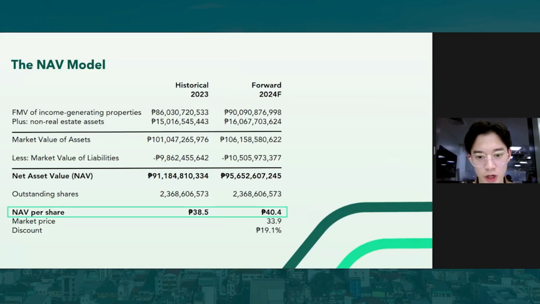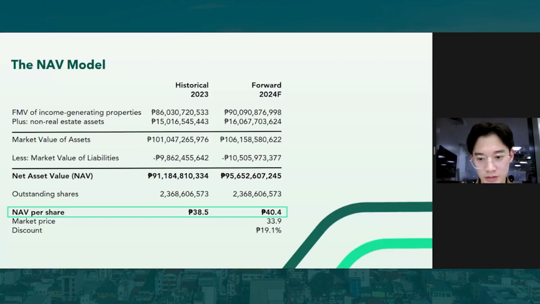So that gives you a market value of assets of 106 billion. And then we have to subtract the total liabilities, which for our forecast, our projection, is 10.5 billion. And that would give you a NAV of 95.65 billion pesos.